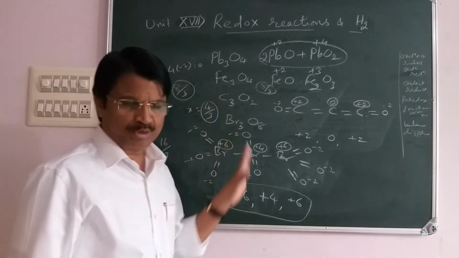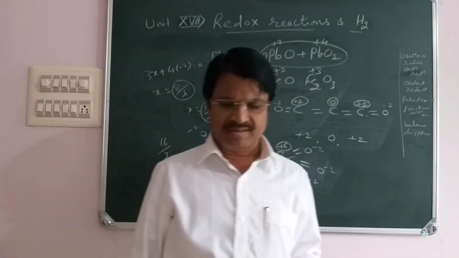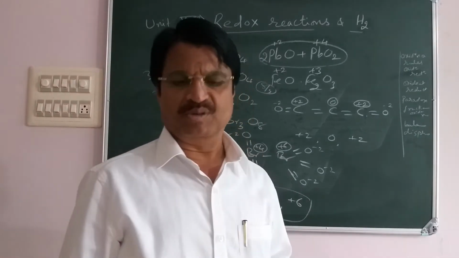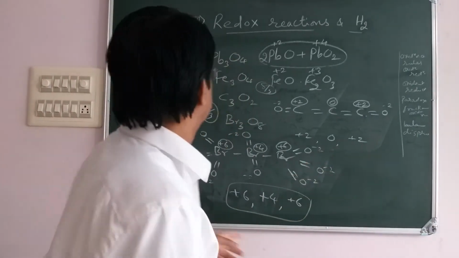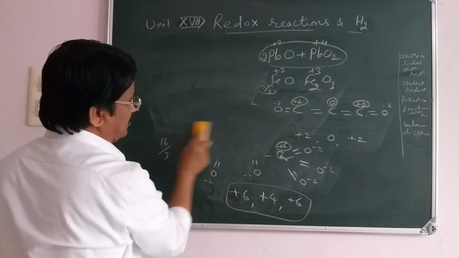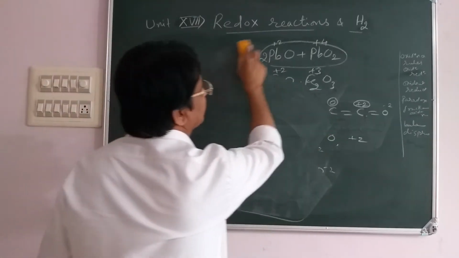So this part is important, and the others are very simple. The oxidation number of N in ammonia, of N in HNO3, etc. we can calculate very easily.